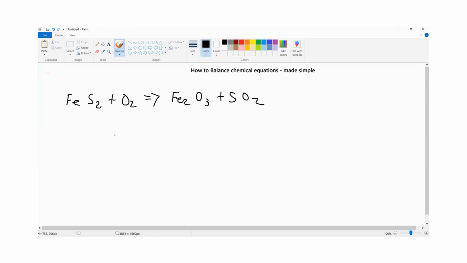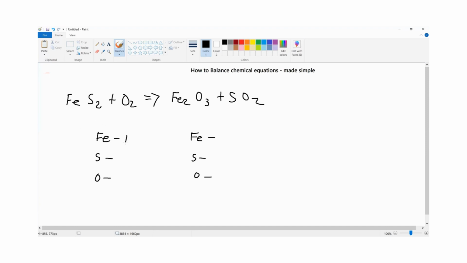Okay, so again, I showed you, let's begin by figuring out how many elements we have. We have iron, sulfur, and oxygen. You have to the left, you should have on the right.